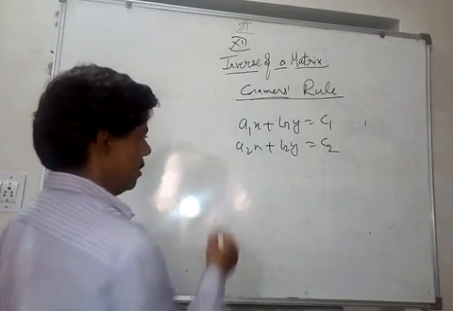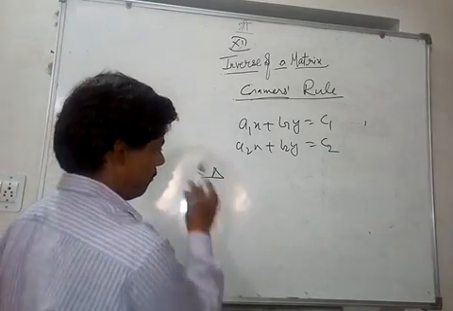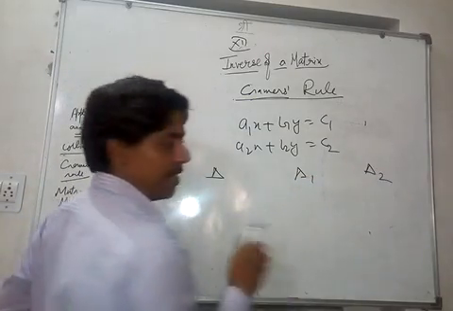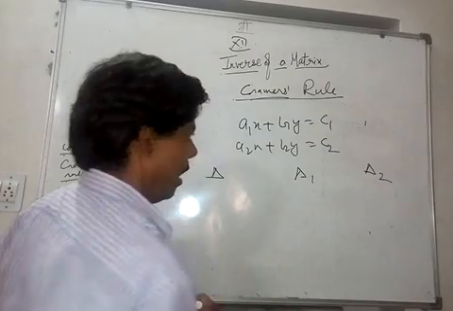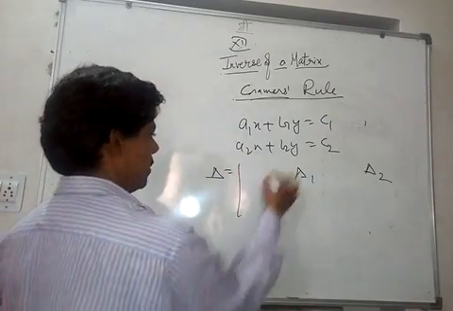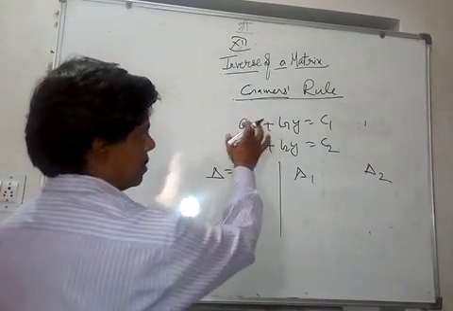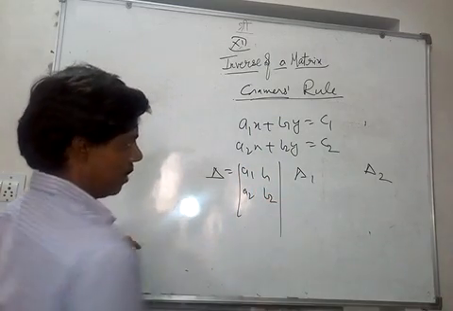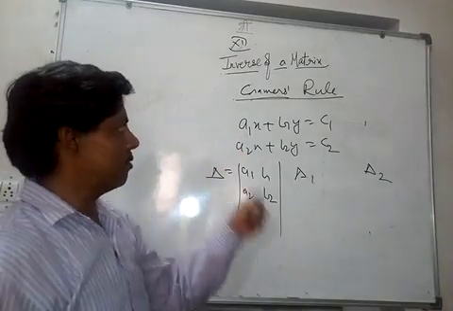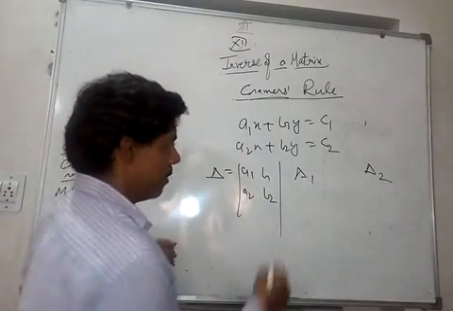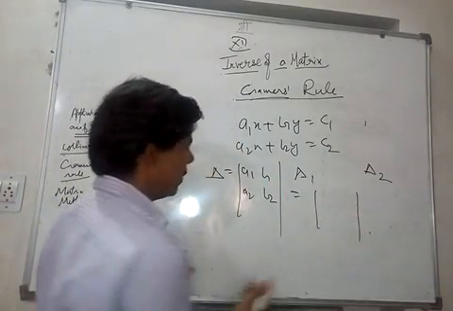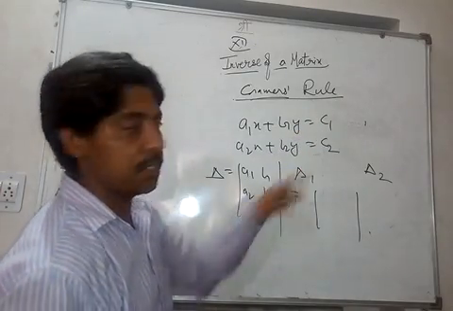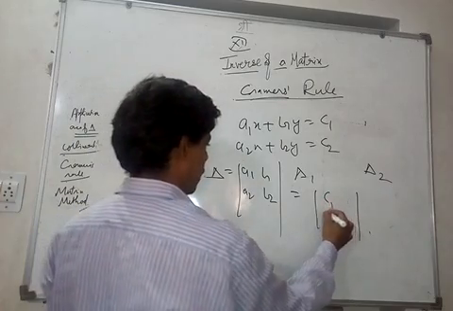Let's just revise it. We will calculate three determinants: delta, delta 1, and delta 2. Delta is very simple: it is the determinant of a1, a2, b1, b2. For delta 1, you replace a1, a2 with c1, c2.